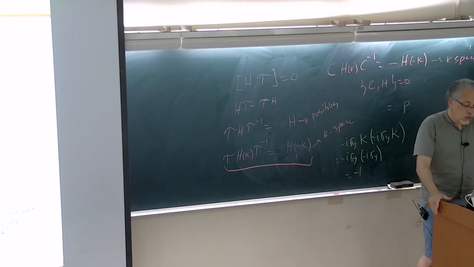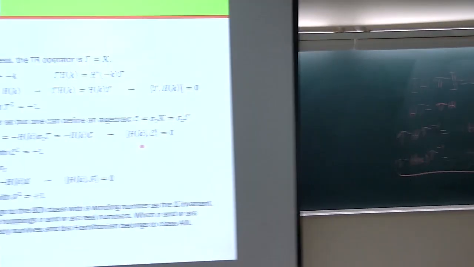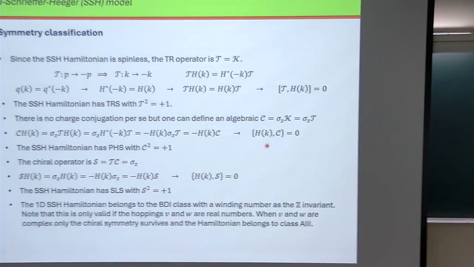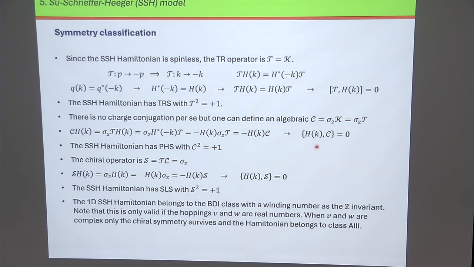All right, so all in all, you don't have the charge conjugation, but you can put the charge conjugation in. Then, with charge conjugation and time reversal, you will also have chiral symmetry. So you can build the chiral operator that way, and you will find that it commutes with the Hamiltonian, in this meaning also. I think I need to correct these equations. Anyway, you have the three symmetries, and all of the operators square to 1.